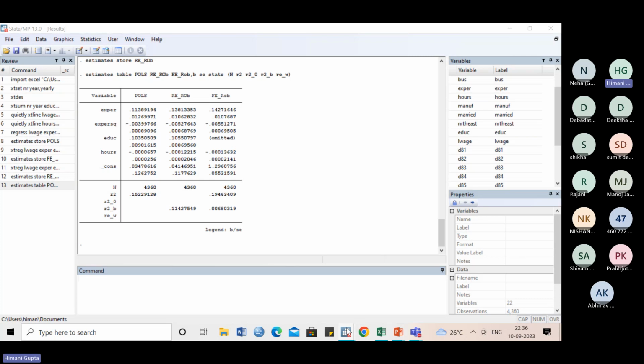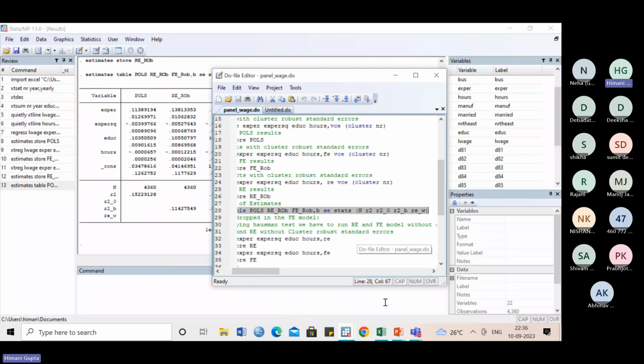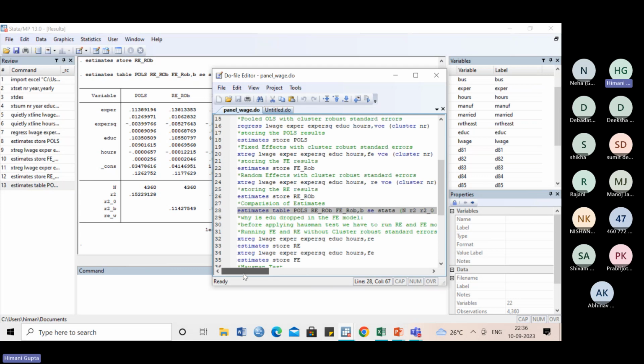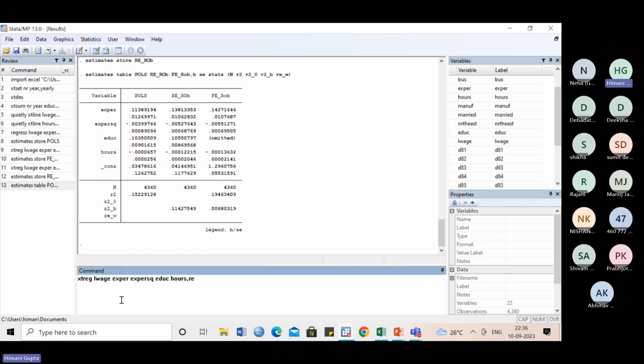Now, what to do if I'm not aware whether it should be fixed effect or random effect? I'm not aware whether the variable sitting in the error term is affecting only one particular cross-section or all the cross-sections. In that case, the Hausman test is going to help us. So let us calculate again.